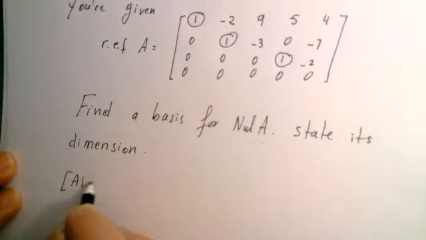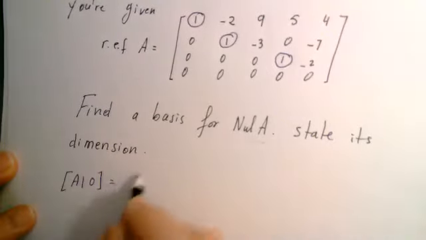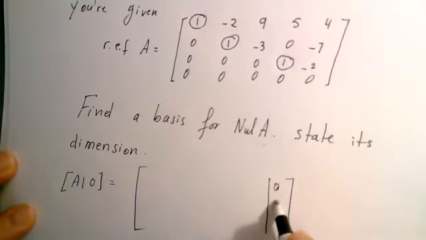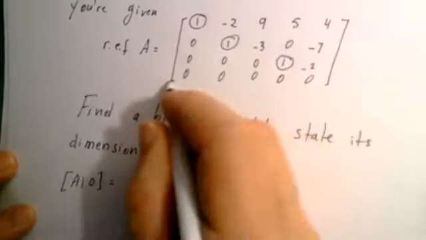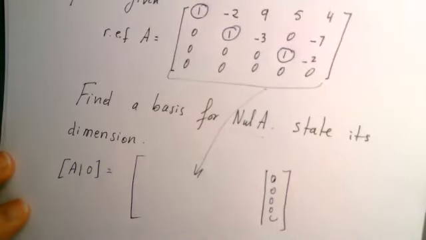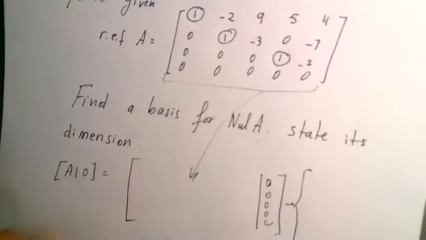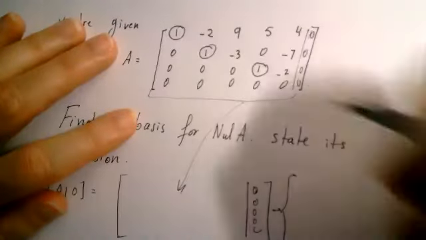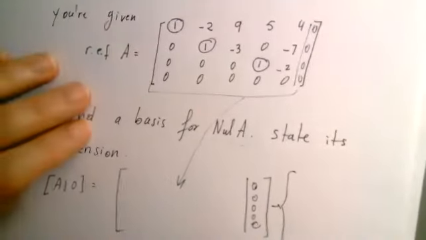So I take a 0 and I solve. So this is 0, 0, 0, 0, 0. And I'm not going to rewrite. I'm going to put this one in here. And then it's just a matter of solving. It's actually easy at this stage. I solve.